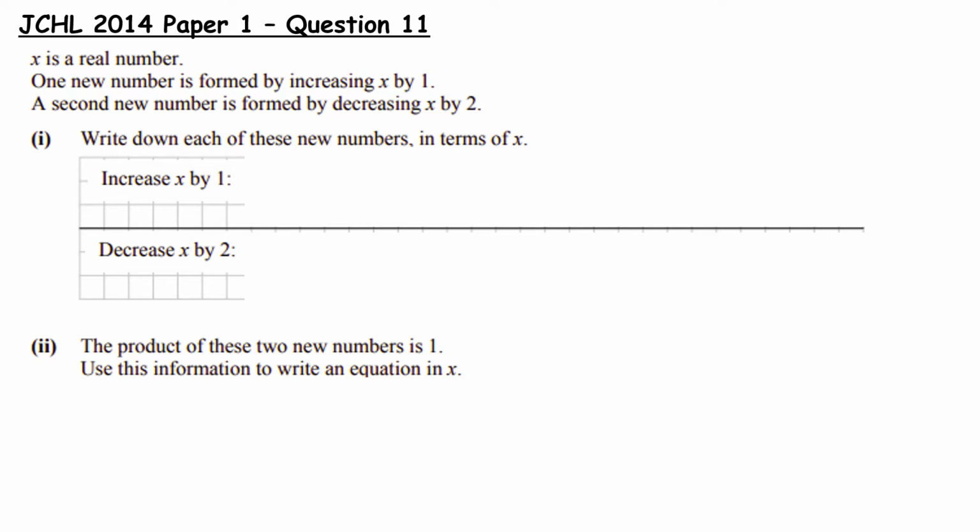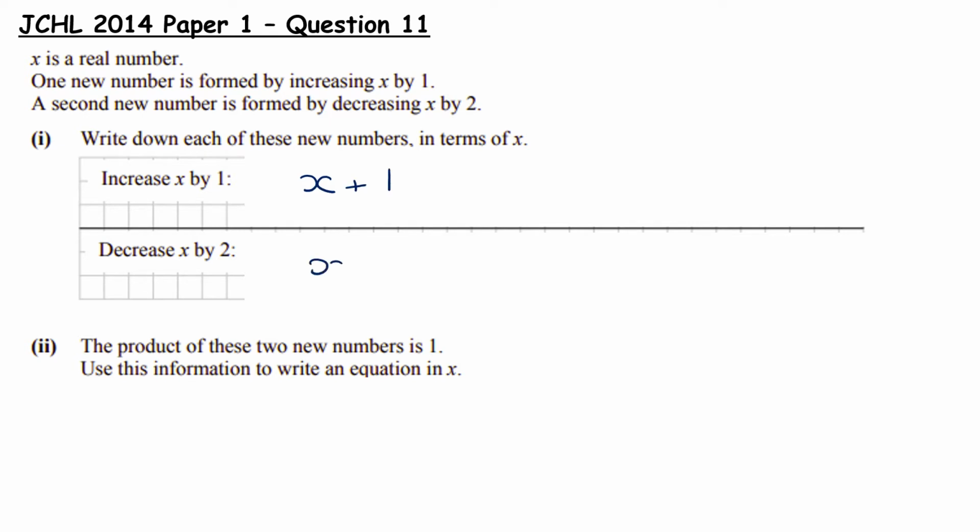Now, be careful. If you increase something, you're talking about making it bigger, adding on. So an increase by 1 is adding on 1. So increasing x by 1 is x plus 1.